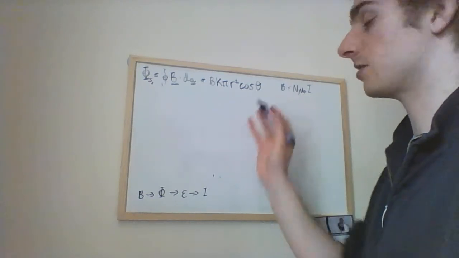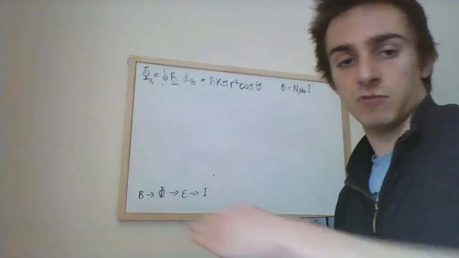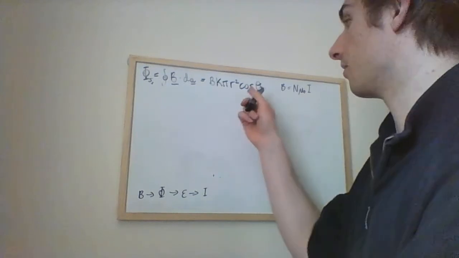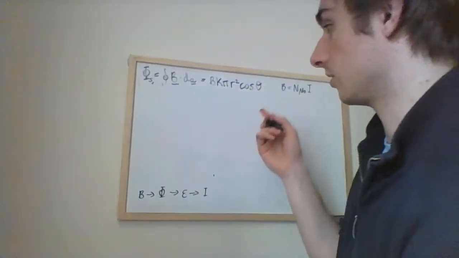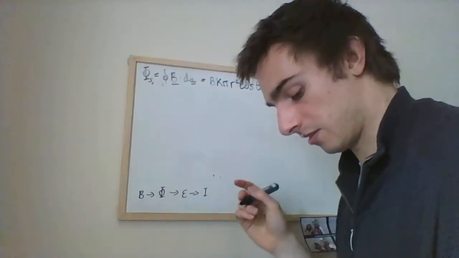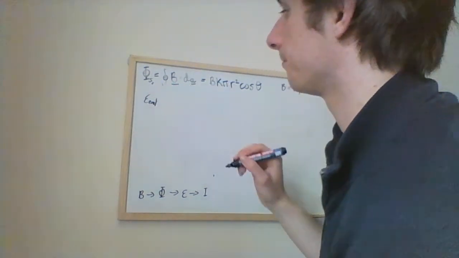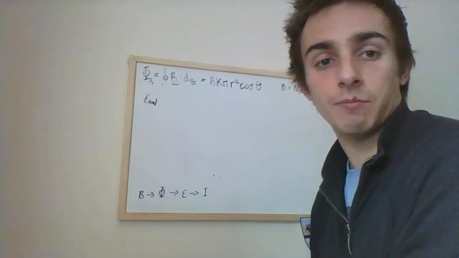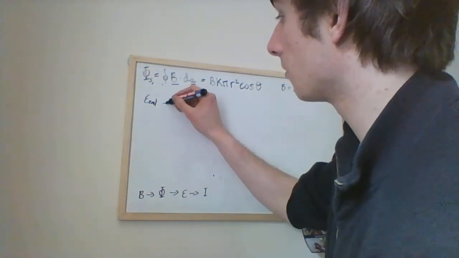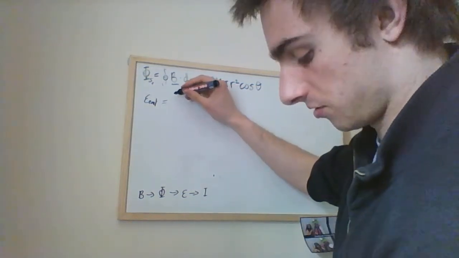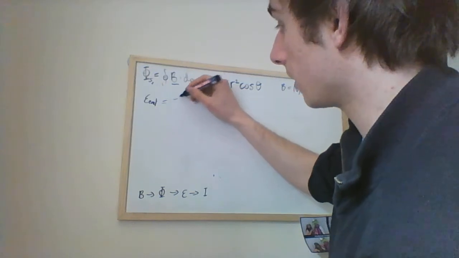That's the same. It's orientated at an angle cos theta. It's maybe not put in parallel, but there you go. So then from this expression we want to find the EMF through the solenoid, which is found the same way.